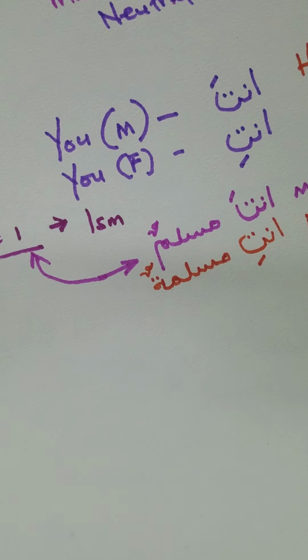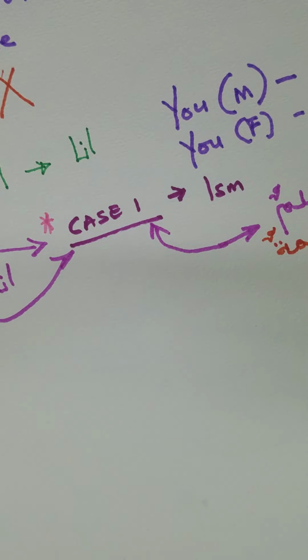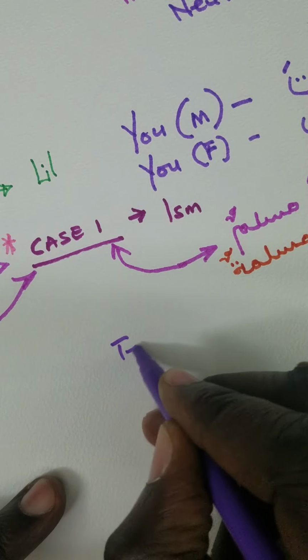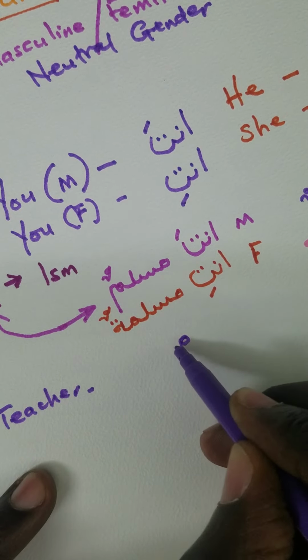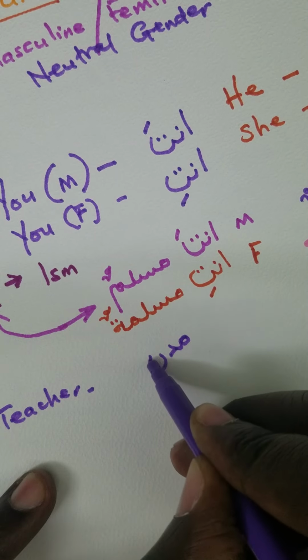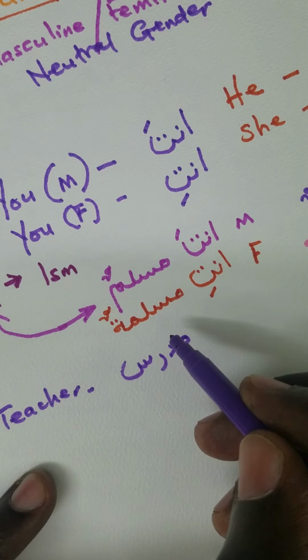Now, as we go along, we are going to be getting some more words. You're not going to be using only the word Muslim. I want us to look at the word teacher. The word teacher can be called "mudarris."